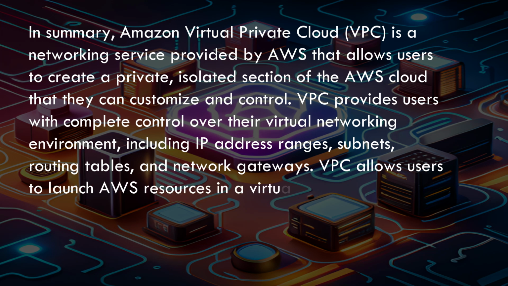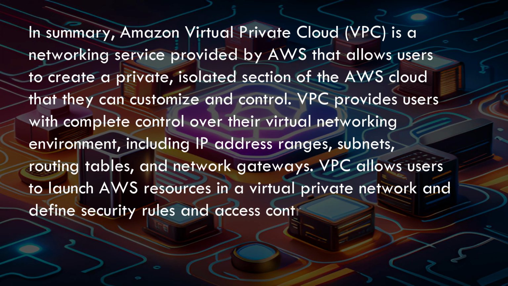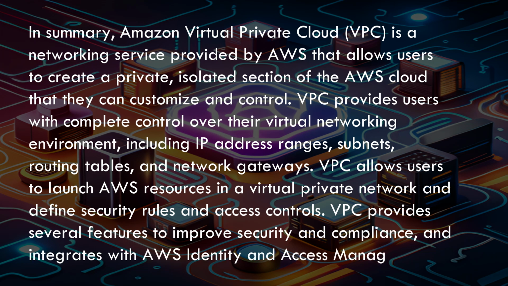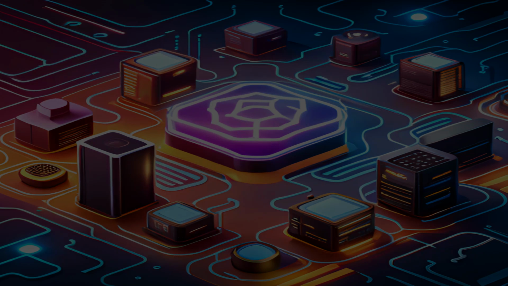VPC allows users to launch AWS resources in a virtual private network and define security rules and access controls. VPC provides several features to improve security and compliance, and integrates with AWS Identity and Access Management, IAM.